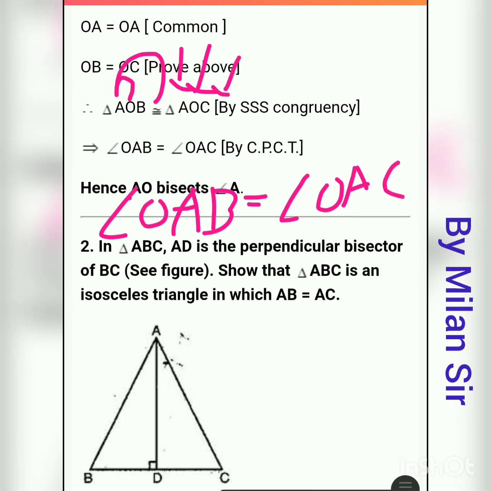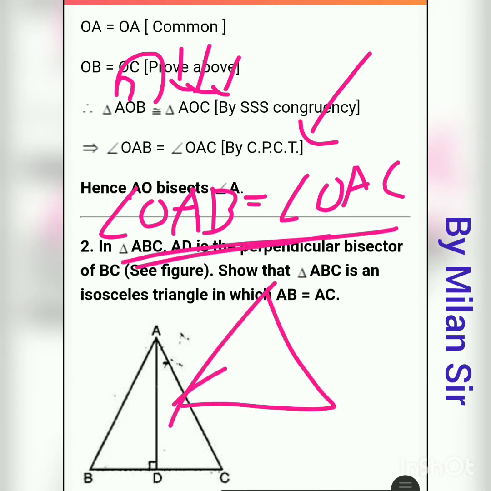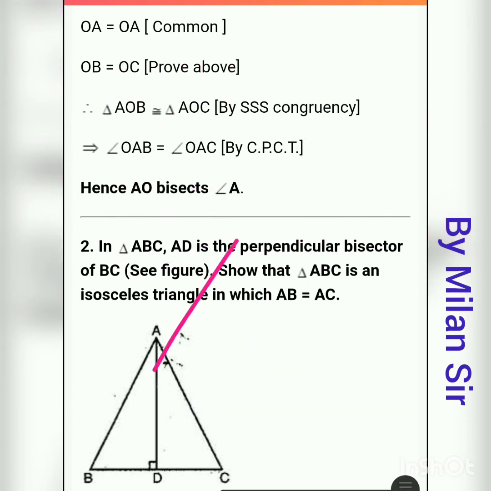That means angle OAB equals OAC, and the reason is CPCT, corresponding parts of congruent triangles. Corresponding parts means following the sequence, and the congruent triangles we already proved. So angle OAB equals OAC, and this is what we needed to prove, because we need to prove that OA bisects angle A, right? What do we need to prove?